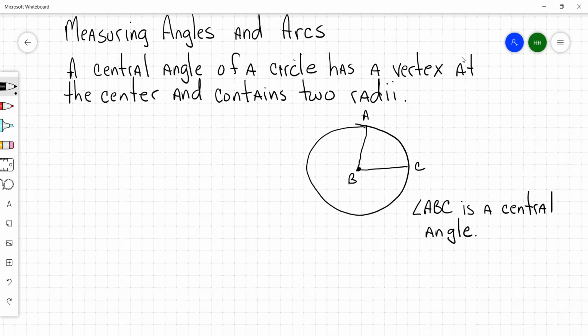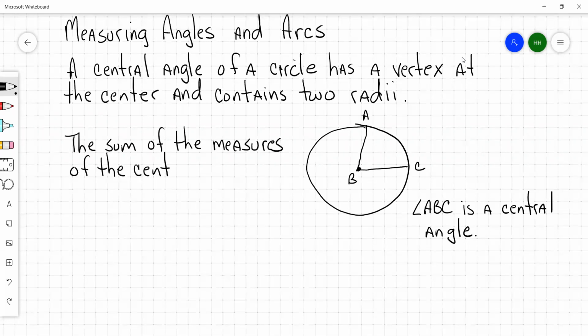All right, then we're going to say that the sum of the measures of the central angles of a circle is 360 degrees.